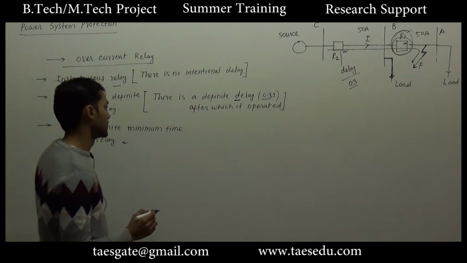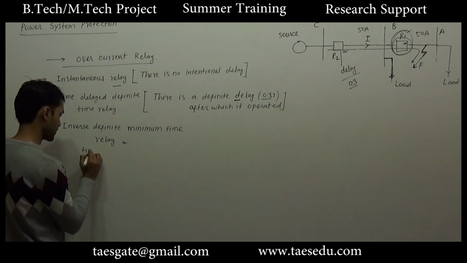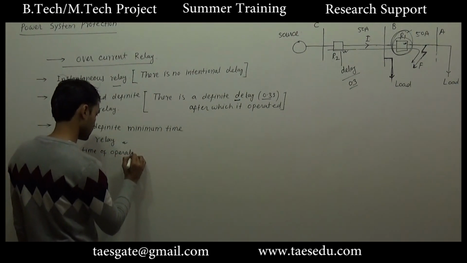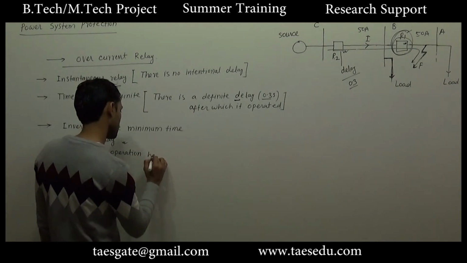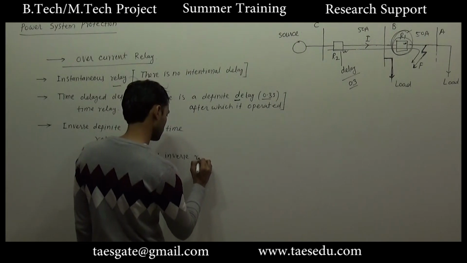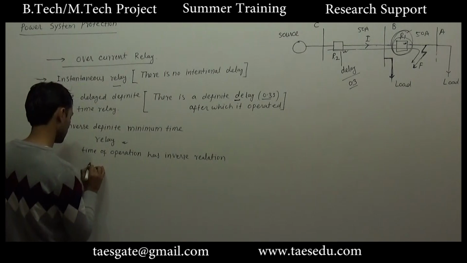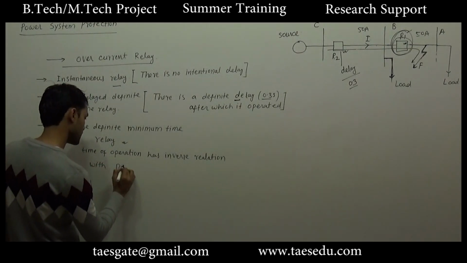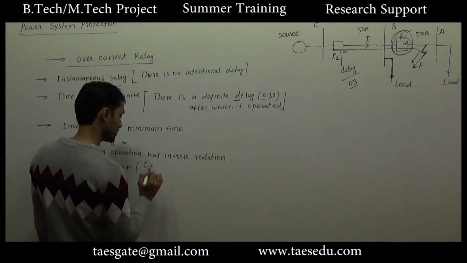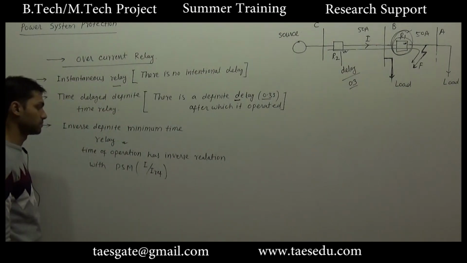In this type of relay, the time of operation has an inverse relation with the plug setting multiplier, that is the ratio between the fault current divided by the reference current or the pickup current.